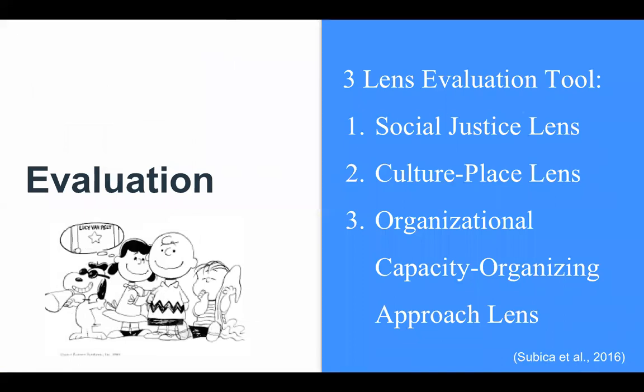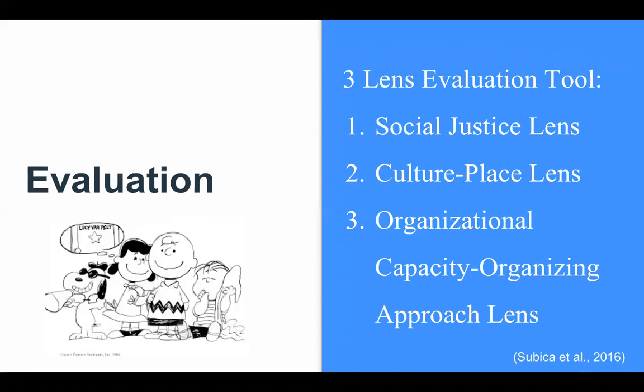Evaluation. We use a three-lens evaluation tool, which includes the social justice lens, the cultural place lens, and the organizational capacity and organizing approach lens. The social justice lens means all people should be treated equally and have equal access to food and resources.